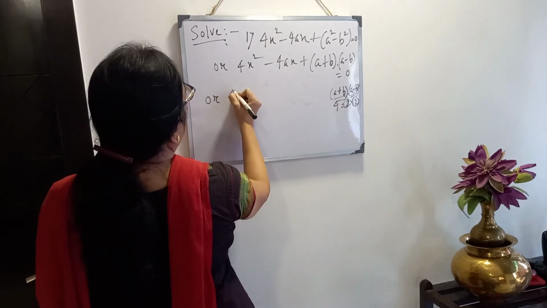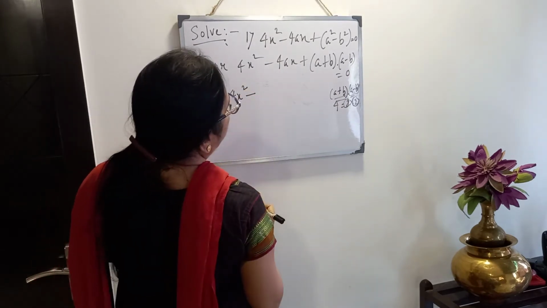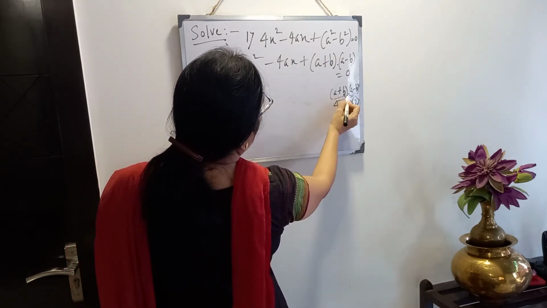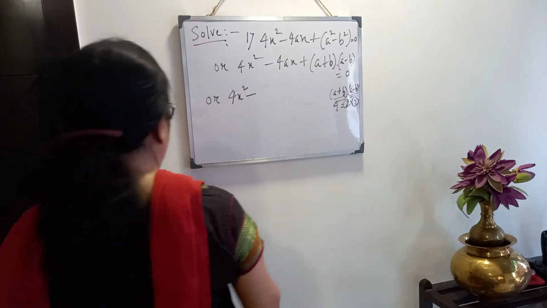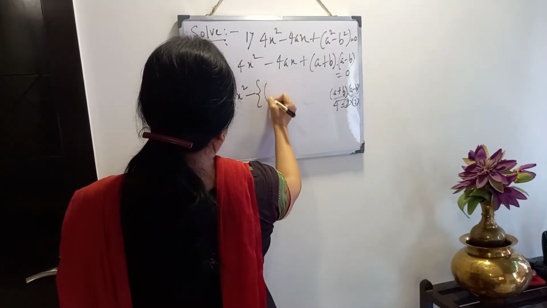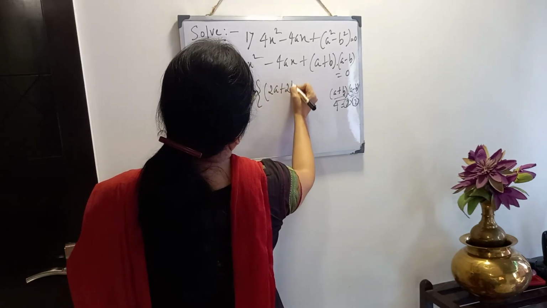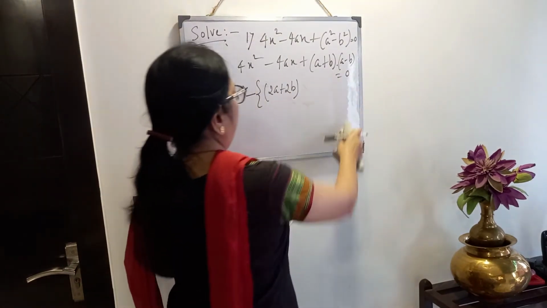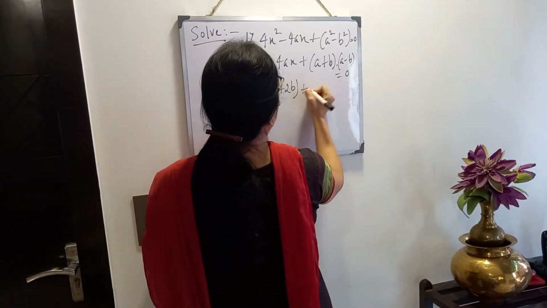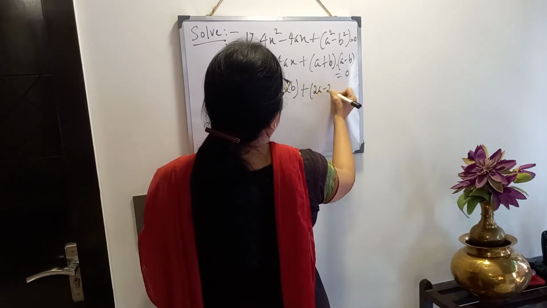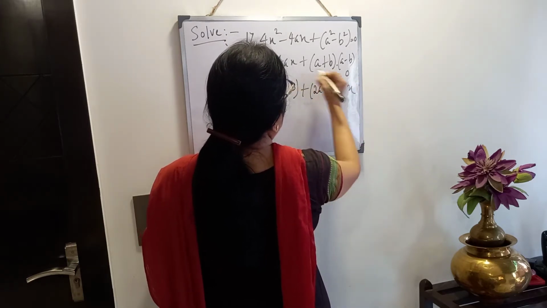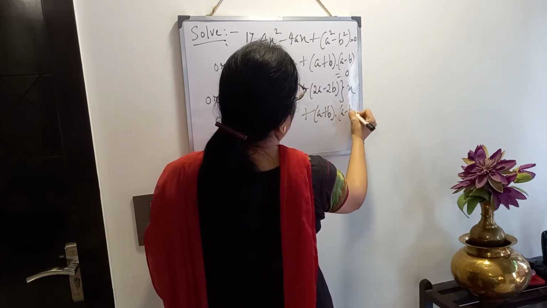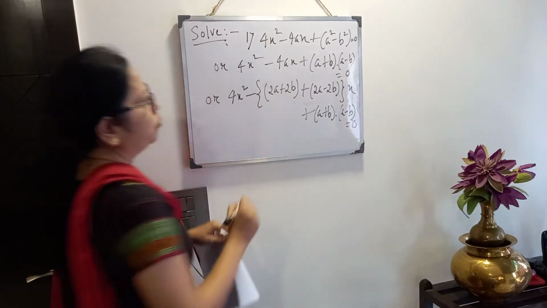So it becomes 4x square minus, we have to bring 4a. How will it come? 2a plus 2b plus 2a minus 2b. Clear? So here we are writing 2a plus 2b, middle term all of you know now, plus 2a minus 2b x, and this we have to write plus a plus b into a minus b equal to 0. Clear?